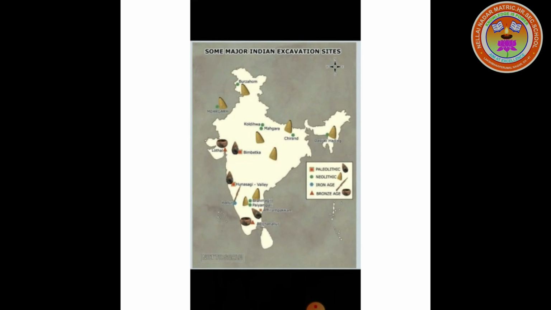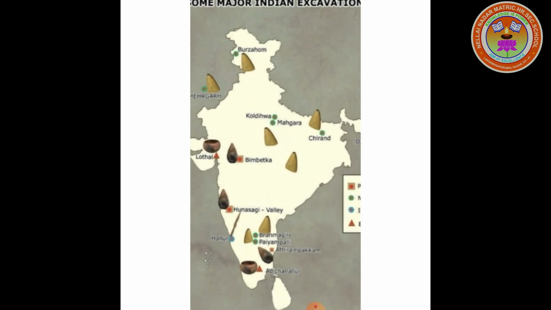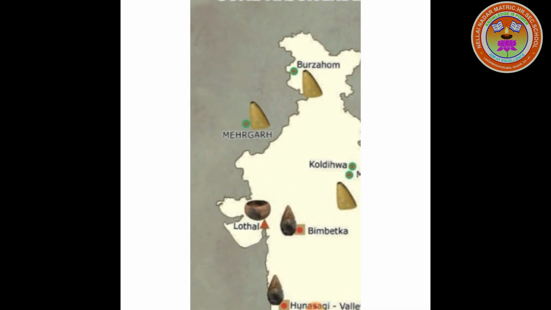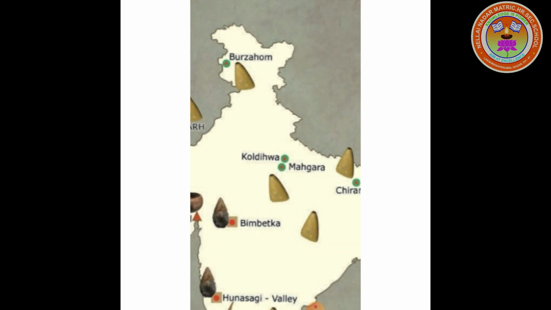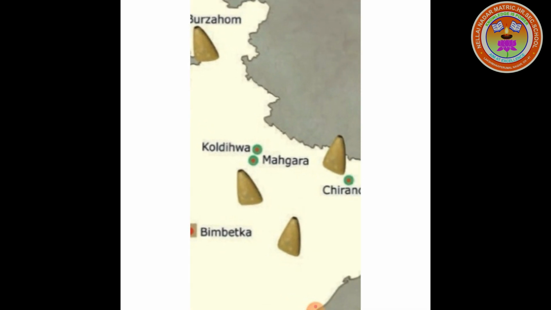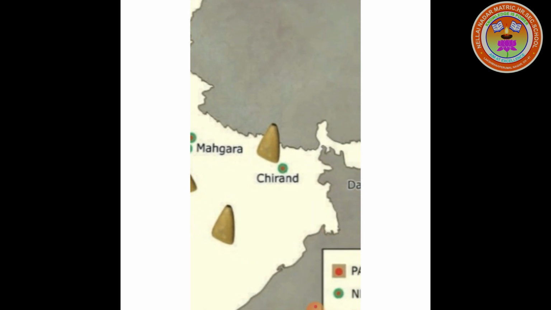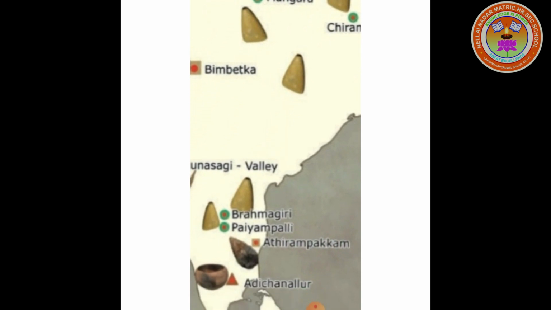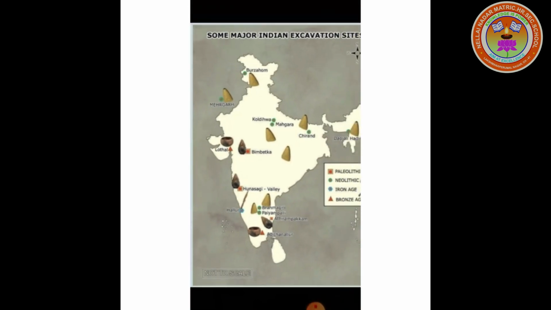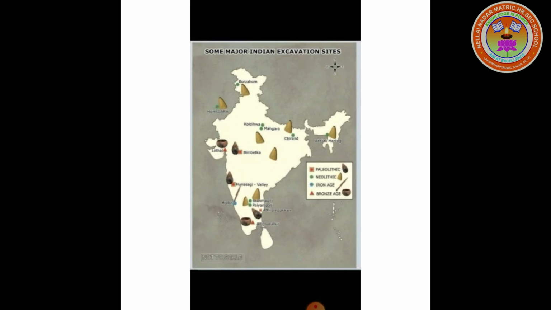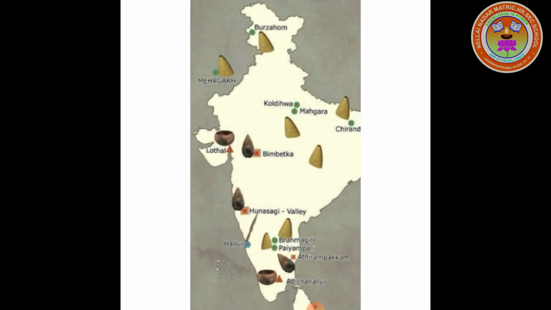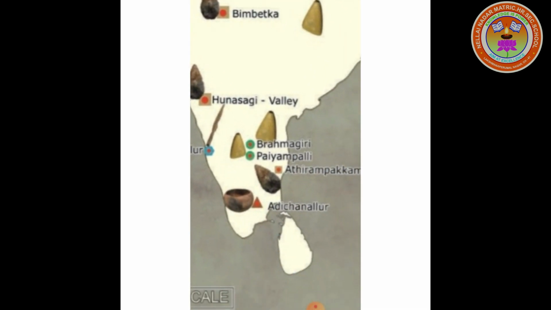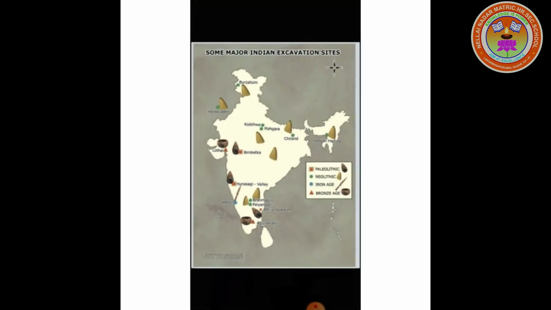Neolithic age tools are found at Burzahom, Mehrgarh, Koldihwa, Maski, Chirand, Daojali Hading, Brahmagiri, Paiyampalli. Bronze Age sites are Lothal, Adichanallur. Iron Age site is Hallur.